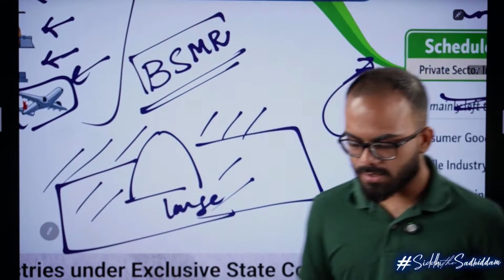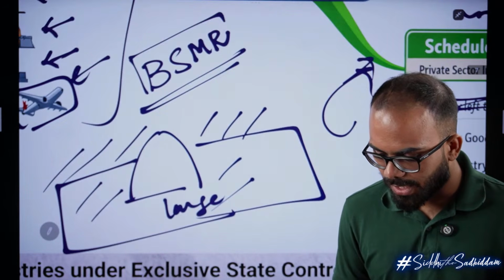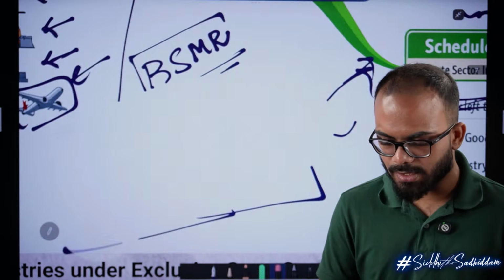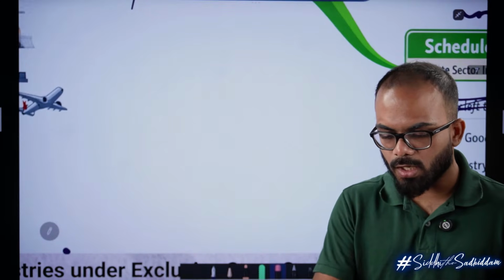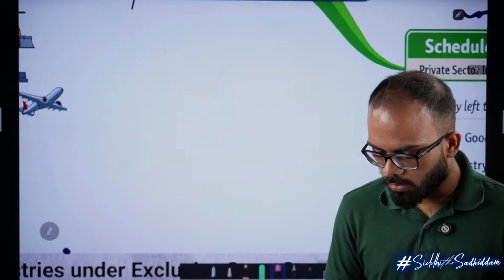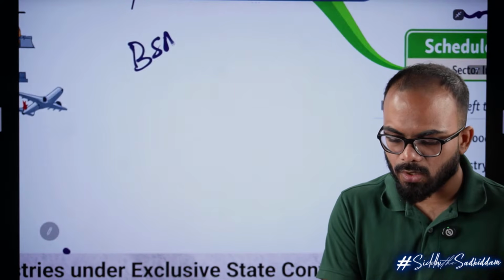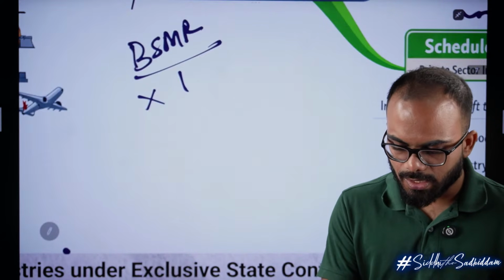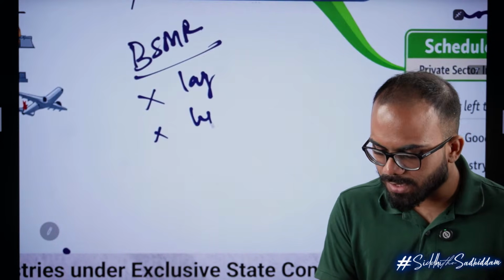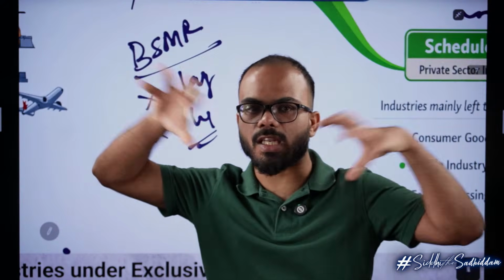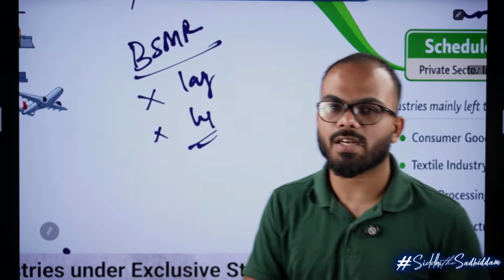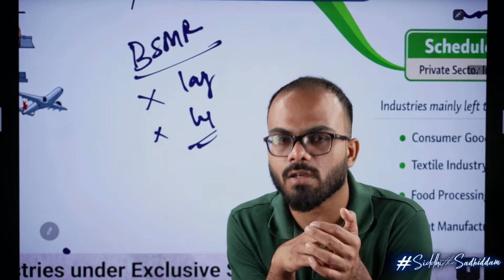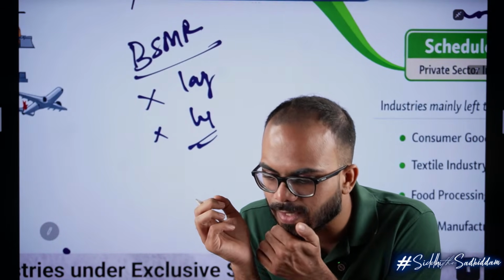But instead of this, DRDO has recently come up with new reactors which are known as Bharat Small Modular Reactors. These small modular reactors have very small payload capacity. They don't need large space, they don't need larger investment, and you can establish them anywhere. So this is the sector where Government of India now is actively looking for private participation as well.